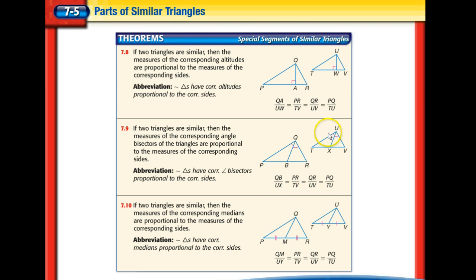And again, it looks almost the same as what we have up in the other two pictures, but notice it splits the opposite side into two equal pieces. So again, median QM and median UY are proportional if the two triangles are similar. That's what all of those rules are saying. So whether we have altitudes, angle bisectors, or medians, if the two triangles are similar, those pieces are going to be proportional.